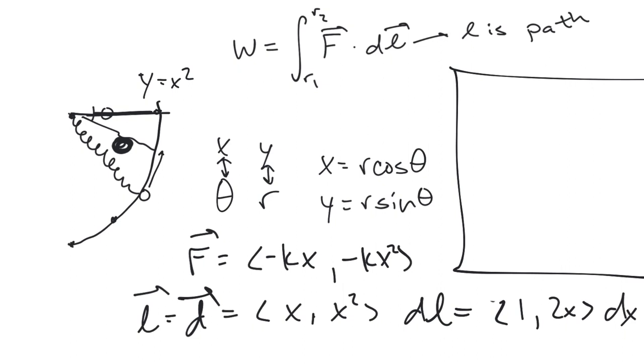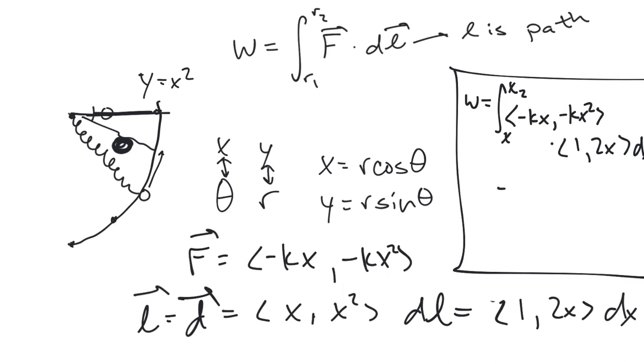The integral is from position 1 to position 2, so that's x1 to x2, because my y value is constrained to be relative to my x. I'm doing everything dx. It's going to be the dot product of negative kx squared dotted with 1, 2x. So then I could do the dot product of those and take the integral.